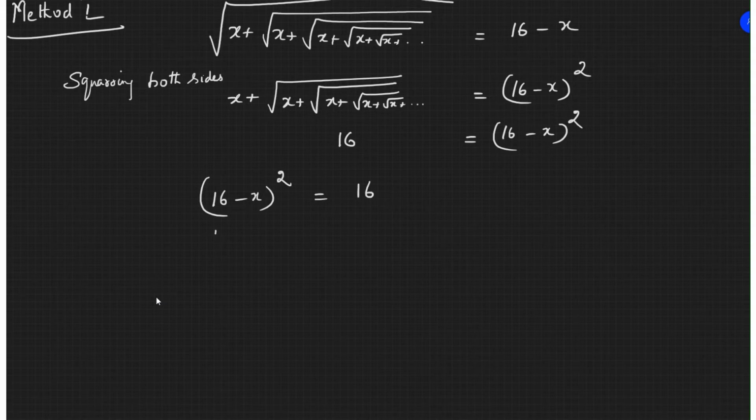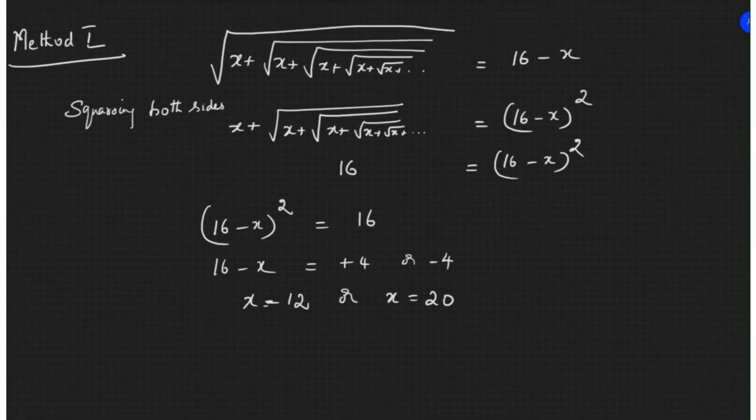When I take the square root, my 60 minus x will be either plus 4 or negative 4. So when this 60 minus x is 4, I get x equal to 60 minus 4, which is 12, or x is equal to 20.